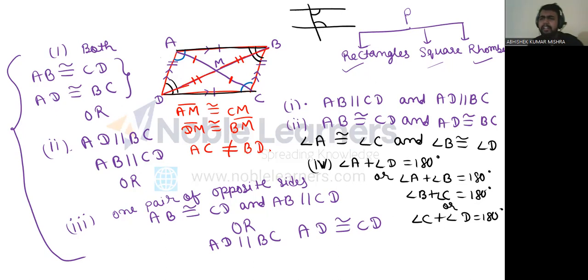In a rectangle, the diagonals are also equal to each other. So in a parallelogram, when the diagonals become equal, or when any angle becomes 90 degrees, then that parallelogram will be a rectangle. So this is the point to note down. The diagonals only bisect each other. They are not equal to each other in a parallelogram. The angle is not 90 degrees. So that is the point you need to remember.